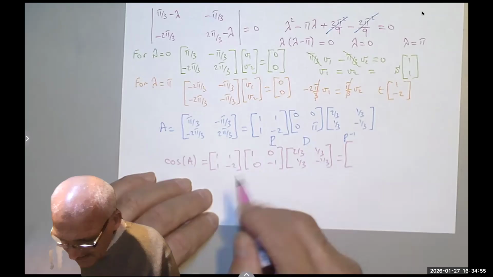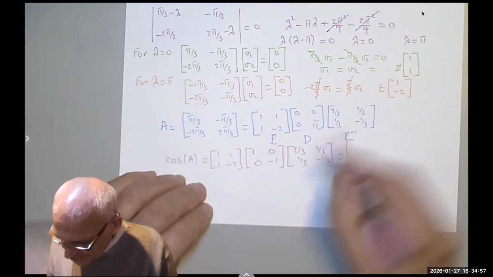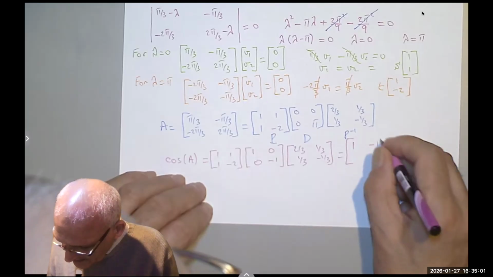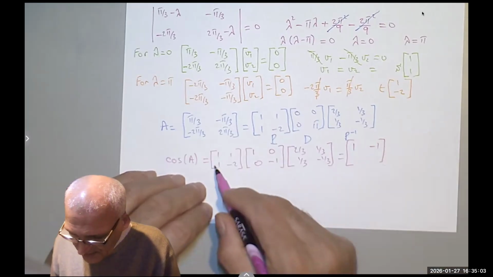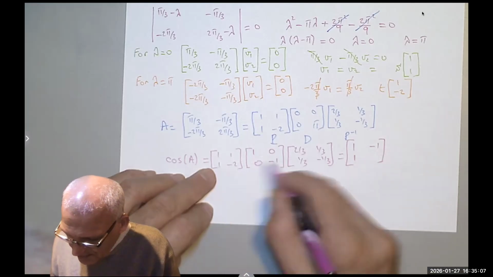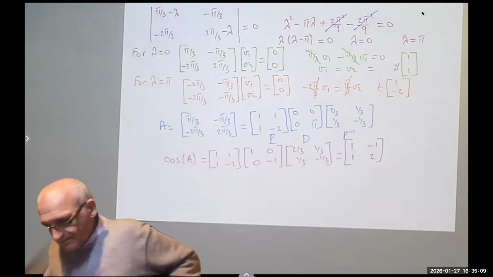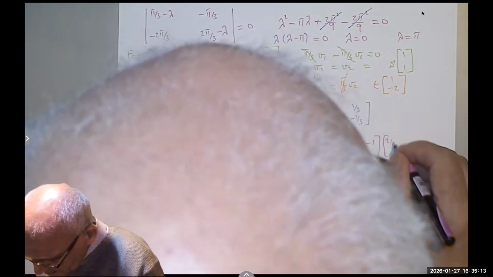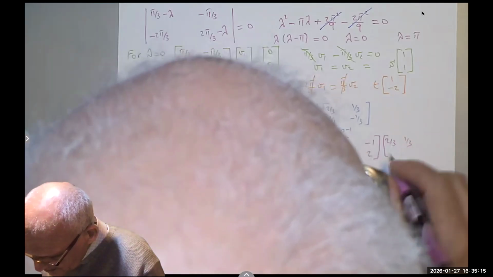So when I multiply these two, I get 1 plus 0 is 1. 0 plus negative 1 is negative 1. 1 times 1 is 1. And 0 plus 2 is 2. Times 2/3, 1/3, 1/3, negative 1/3 equals.